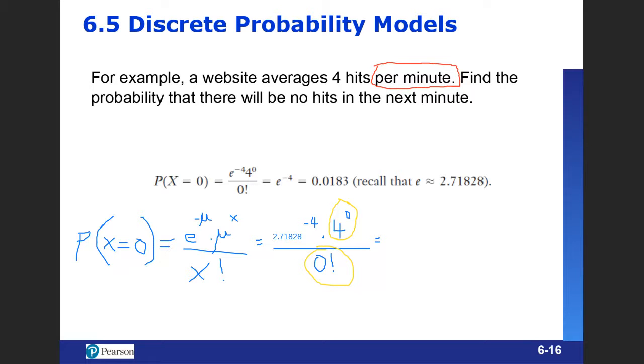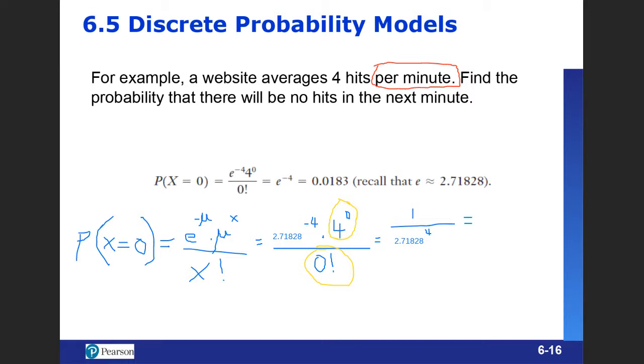Now a number raised to a negative exponent just means that I do 1 over 2.718 raised to the power 4. So now you can use your calculator for this. It's quite simple. You do 2.71828 times 2.718 times 2.7 times 2.